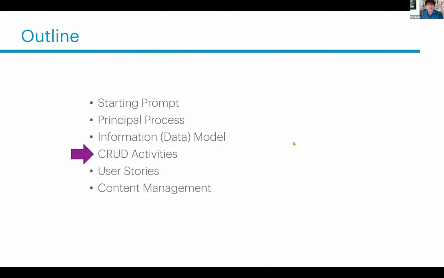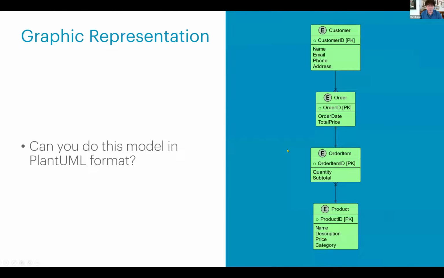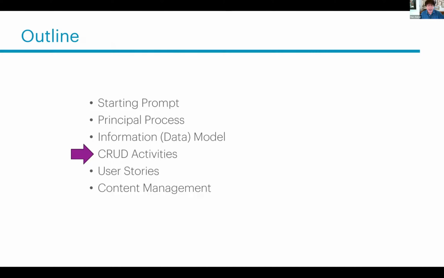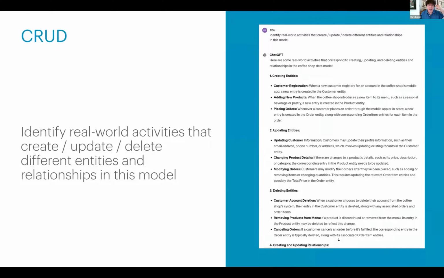So I can ask, for example, I can look at the information model perspective, and I can say, looking at all these entities and relationships here, can you give me a list of the real world activities that cause creation, updating, deleting of these different entities?